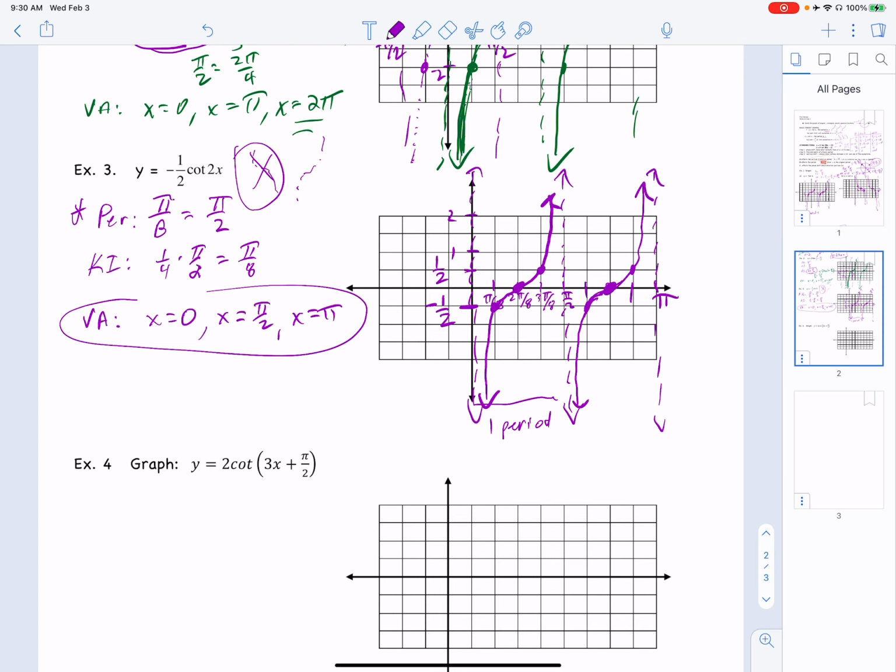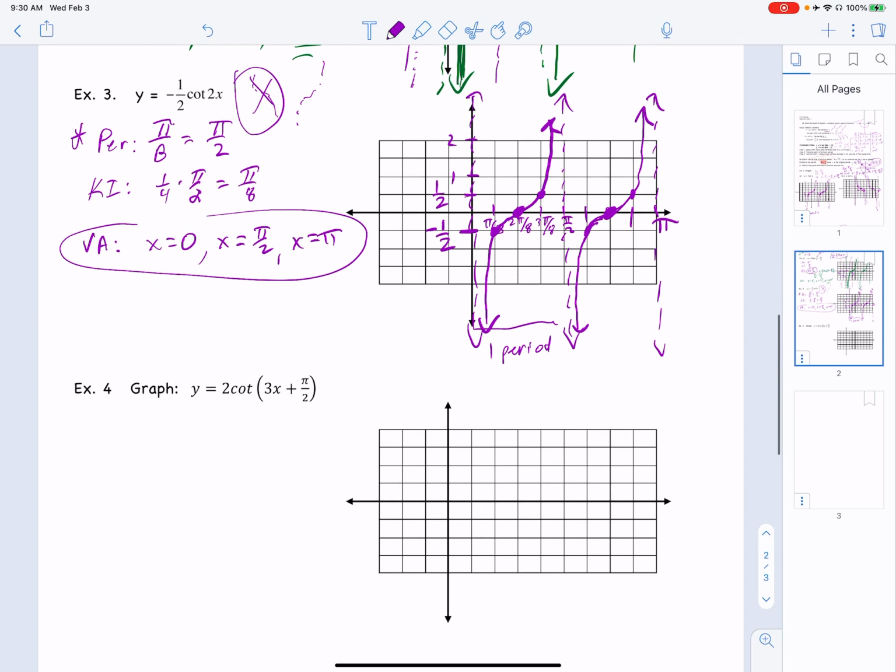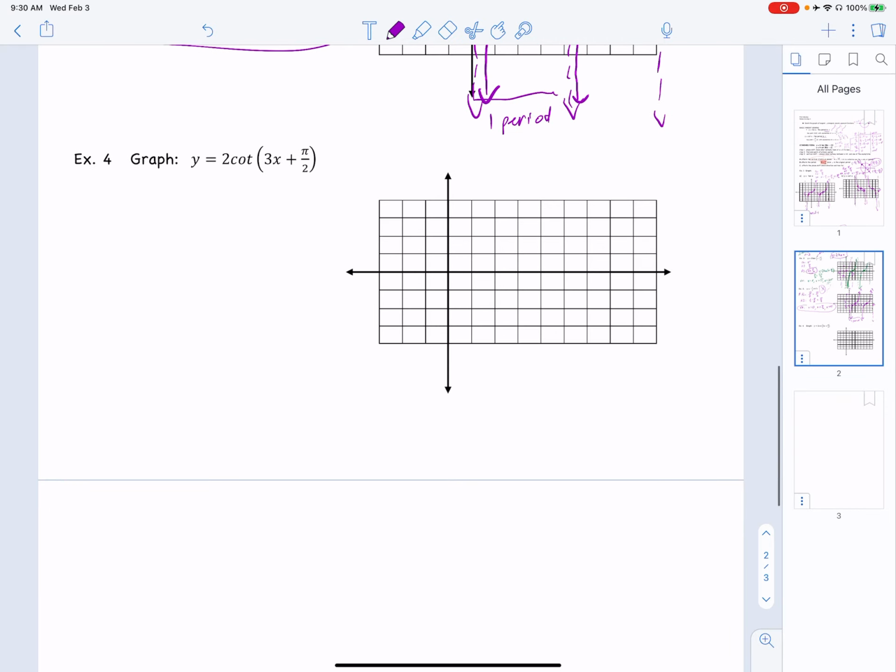All right, so let's look at one that has a little more to it, has period change and a phase shift. And so we have, to put this in the correct form, this is cotangent. I need to pull out the 3.